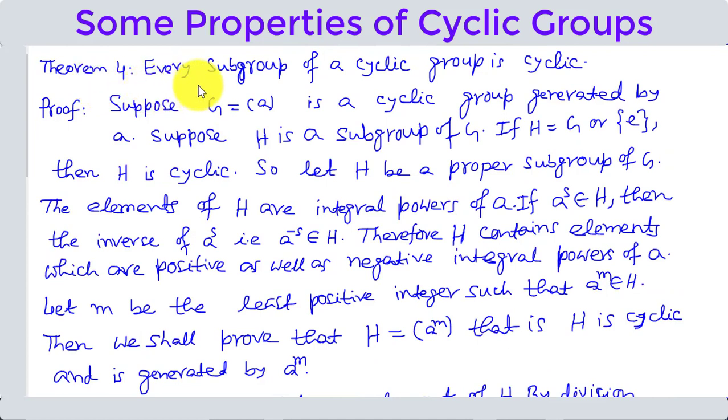Theorem 4. Every subgroup of a cyclic group is cyclic. Suppose G is equal to the cyclic group generated by a.